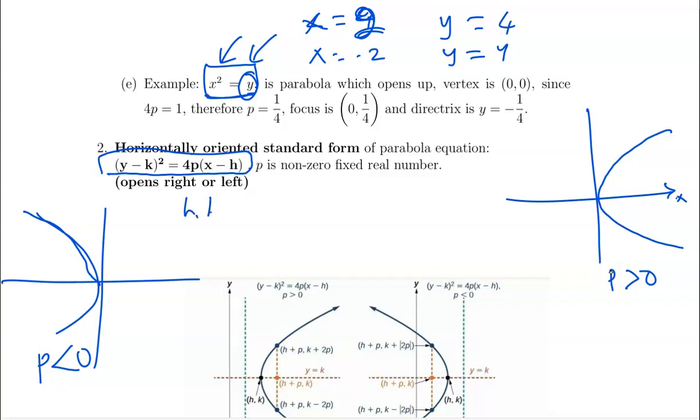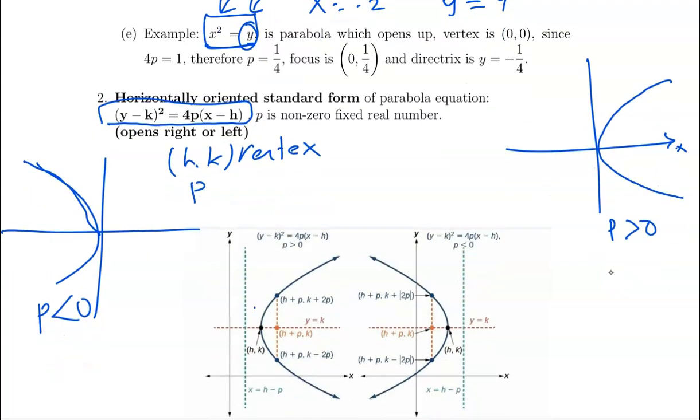So again, hk is still your vertex, and p is the distance from your vertex to the focus. Remember that this distance is p, and the directrix distance is also p. From the directrix to the vertex is also p. And it's the same way we did it before, but remember that whenever there is a y squared, it opens right or left.